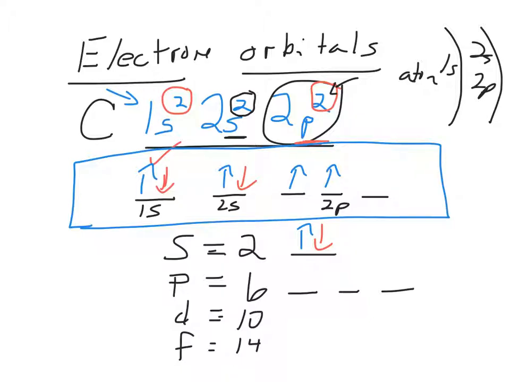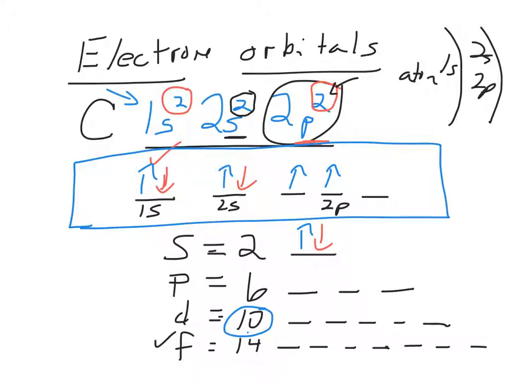Okay, now if I had d, I have 10 possible electrons. How many blanks am I going to need? Remember, 2 arrows can go in every single blank. So how many would I need? 10 divided by 2, 5. Very good. Okay, so 1, 2, 3, 4, 5. For f, with 14, how many blanks would I need? 7. So 1, 2, 3, 4, 5, 6, 7.